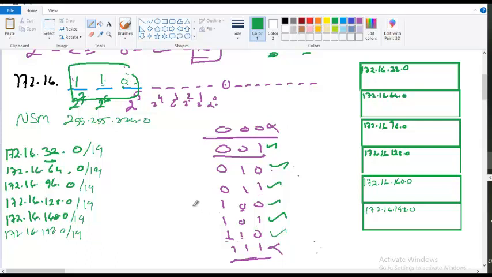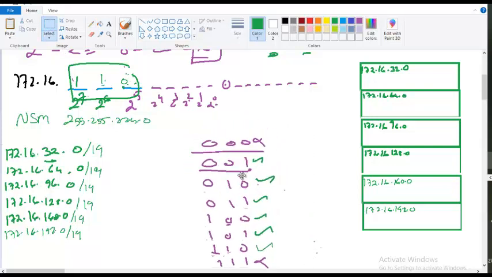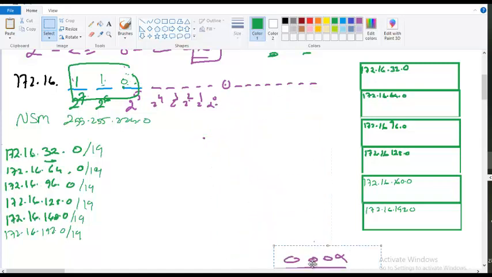Okay. Now, this is the actual logic, applying those combinations. But there is a shortcut also. If you are going to give from this bit for network, from 2 to the power of 5.